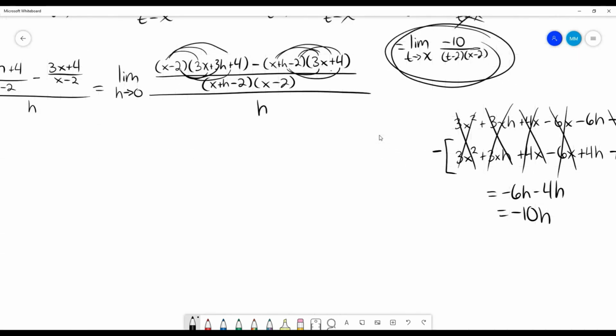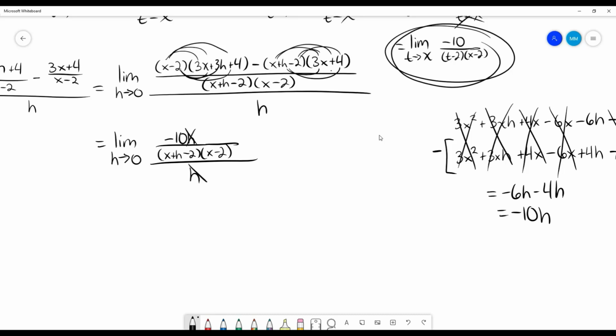And if we come back in and plug that in, that says the limit as h approaches 0. Remember, this is what we just FOILed out up there. So that's a negative 10h over that atrocious little x plus h minus 2 times x minus 2, all over h.